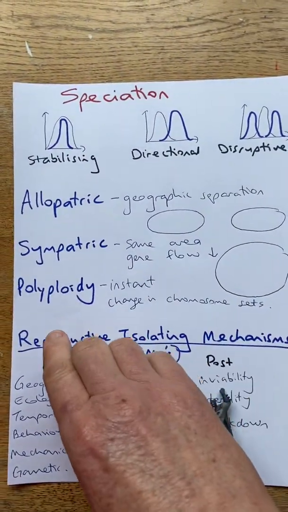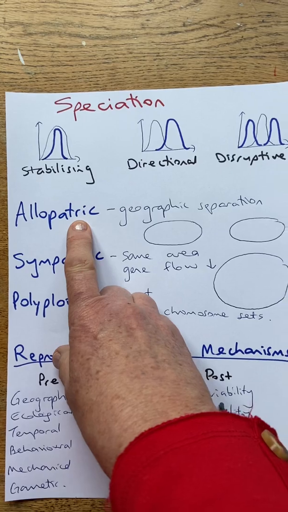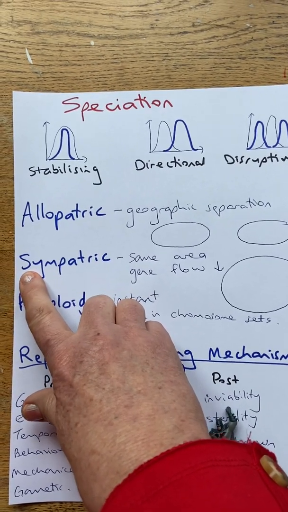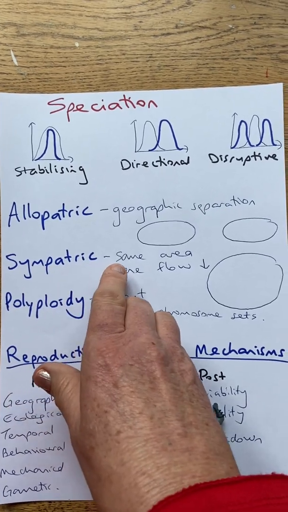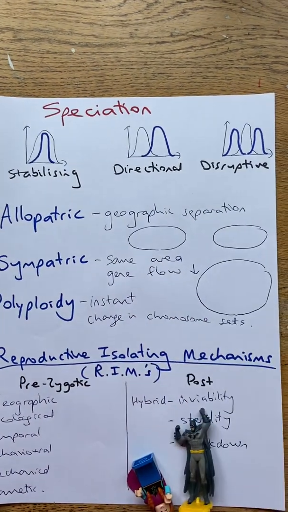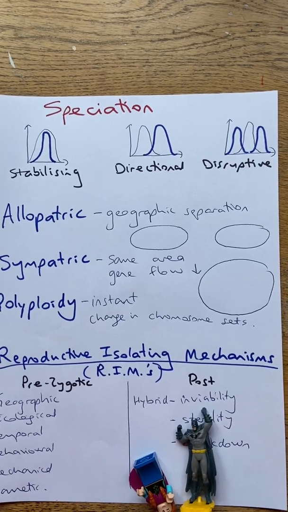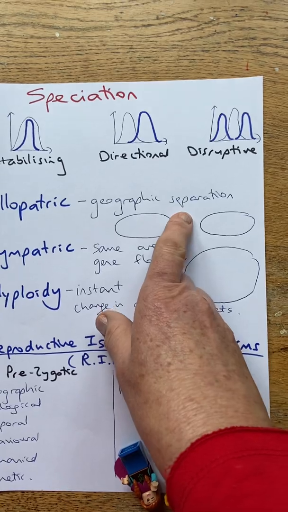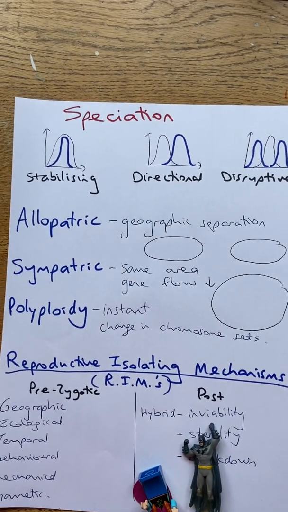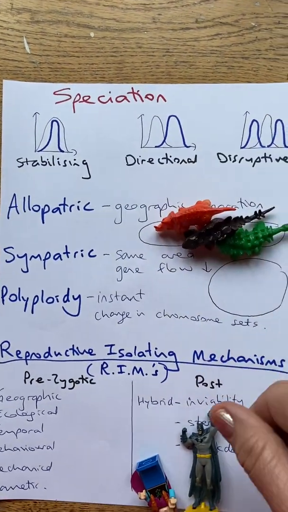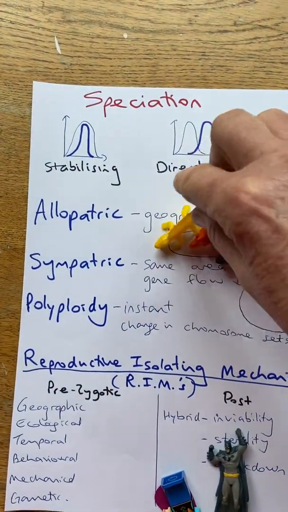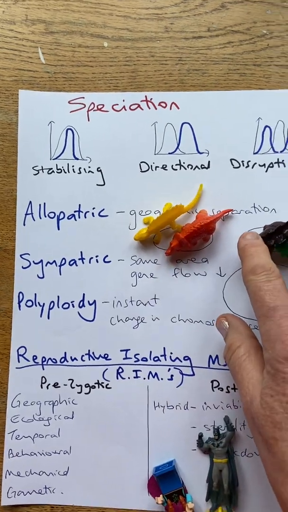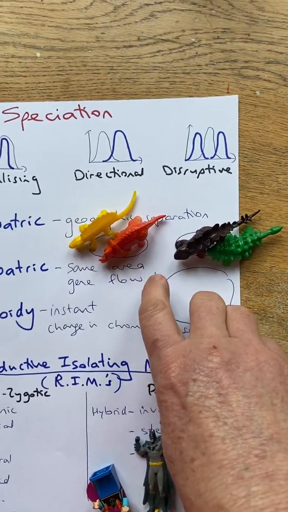Okay, then we have our two key types of speciation, allopatric and sympatric. I think of sim meaning same, and so these are ones that live in the same area, but for some reason gene flow is not occurring, whereas allopatric is a different geographic area. So for some reason something that was the same species all living in one area, I'll bring our dinosaurs back, they have ended up being separated for something, and so it's the geography that's keeping them apart and stopping gene flow between them.